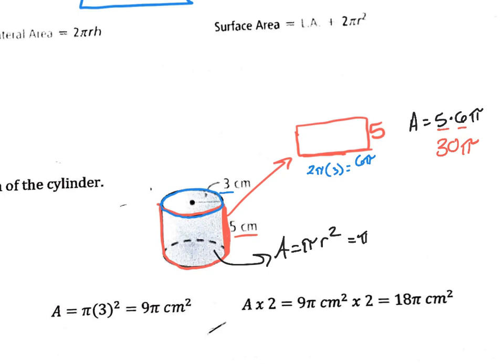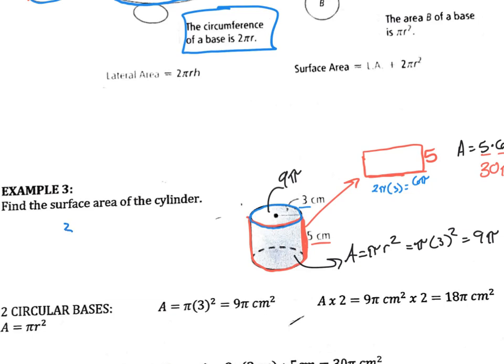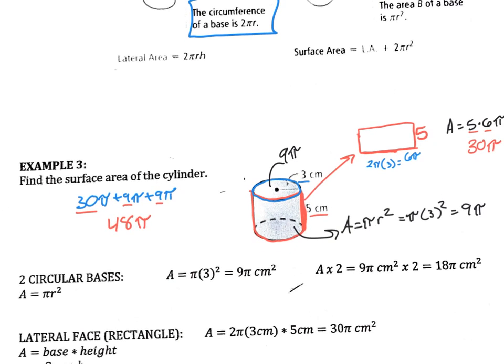So we'd have pi, and then r is 3 squared, so 9 pi. And that's for the bottom and for the top, because they're going to be the same. So when we add these together, we'll have 30 pi plus 9 pi plus 9 pi. And when we're adding, you can just take the numbers. So 30 plus 9 plus 9 gives us 48. And then the pi comes along. So we have 48 pi centimeters squared.